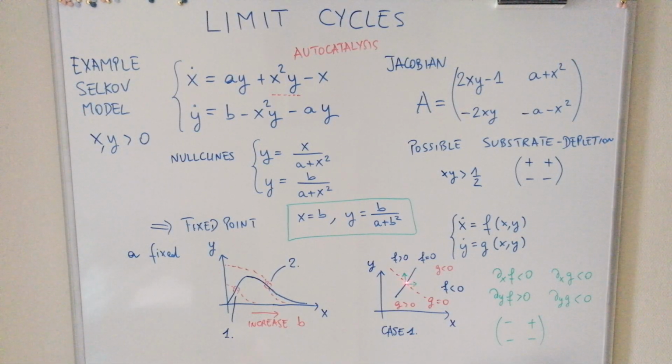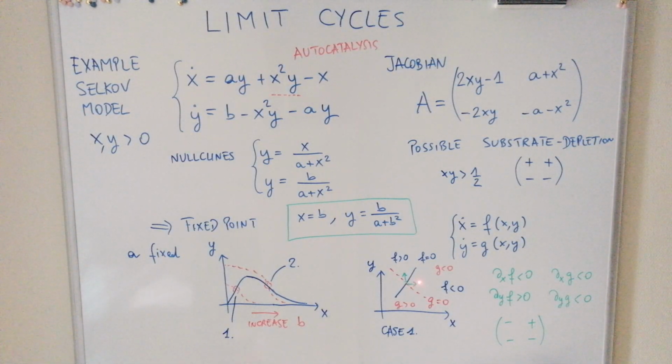At this fixed point, I have f equal to 0, and then I want to calculate at this point the derivative with respect to x. So I'm looking at an infinitesimally neighboring point here, and I'm looking at the local difference between f here, infinitesimally close, and f where it's 0.